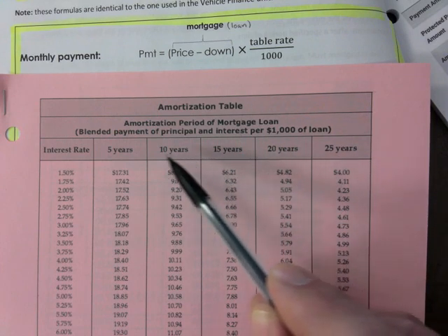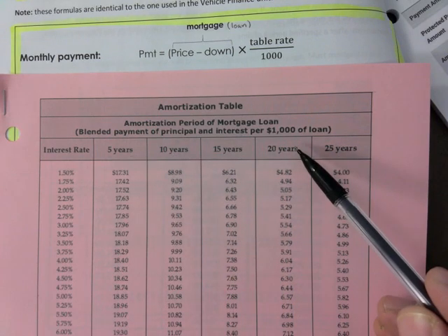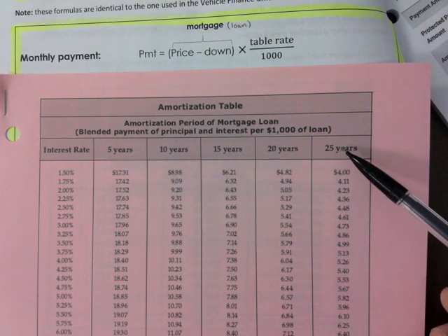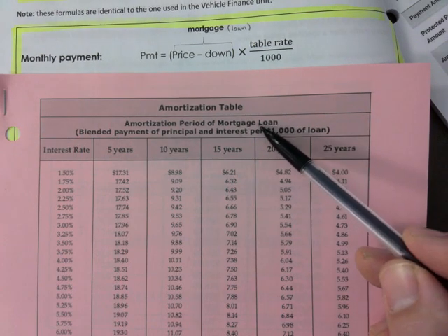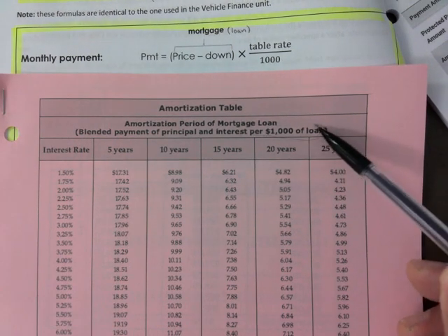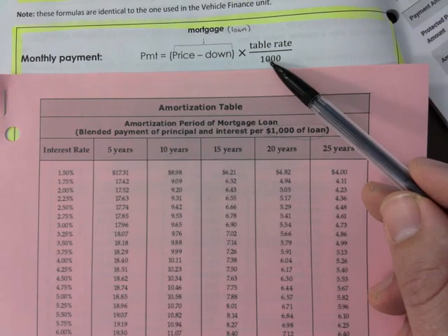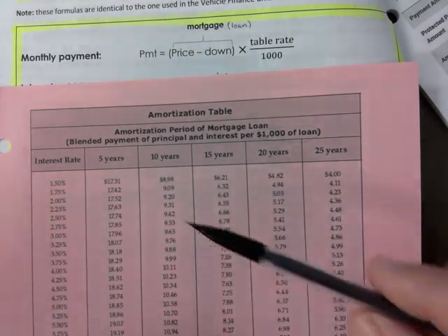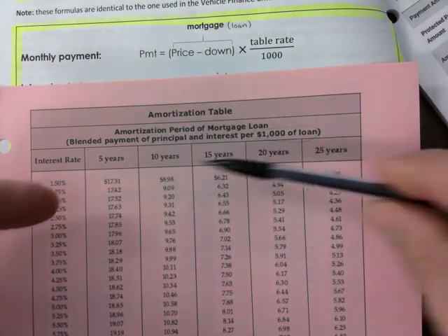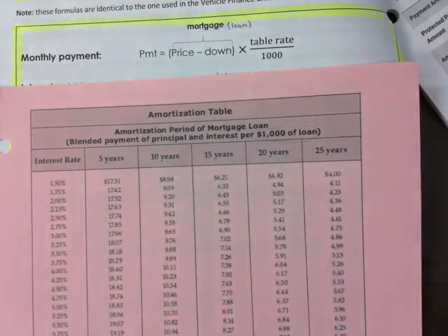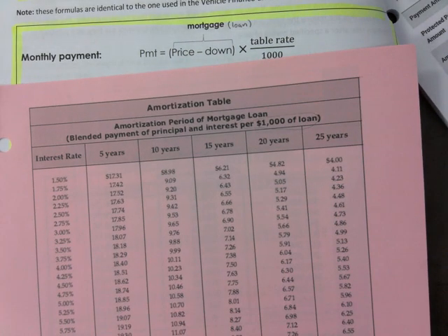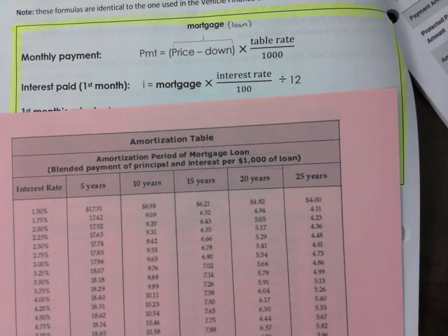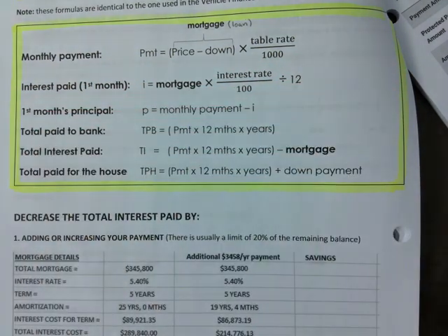And this is usually what the increment is in real life. Remember, it says right here per $1,000 of loan. That's why we divide that one by 1,000. So we will get the rate based on the interest rate and the years you take, and then you figure that out.